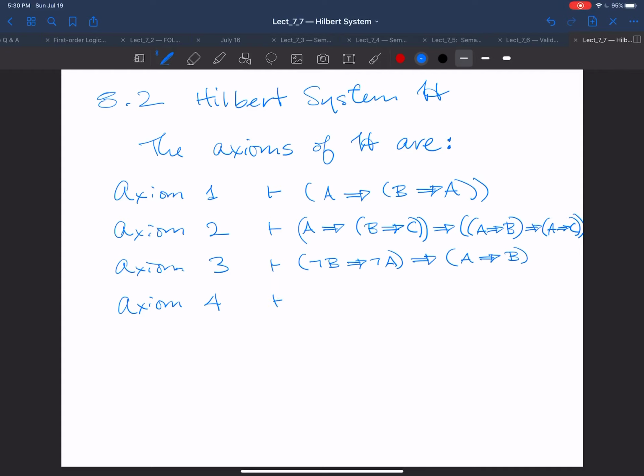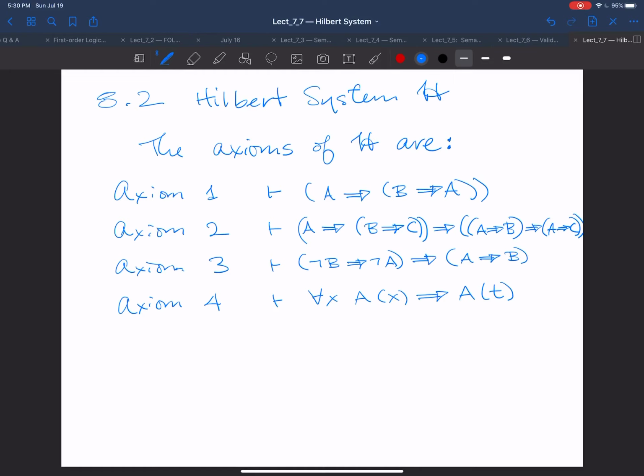So the first is for all x, A of x implies A of t. And there's a condition that applies to this axiom, which we will write out in a moment.